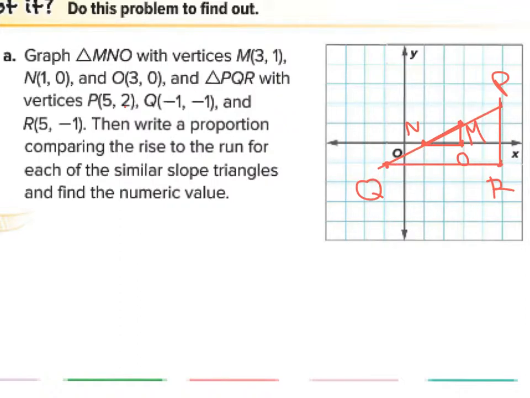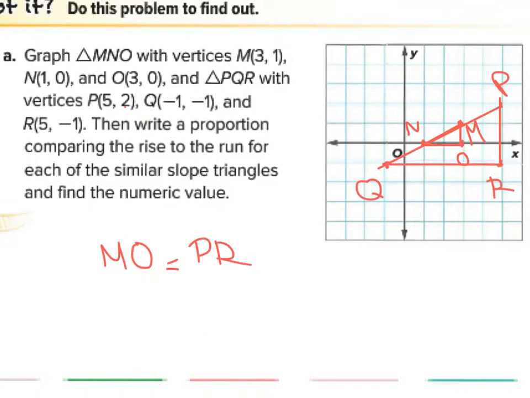Okay? So what could we say here? We can say that line MO, right here, the little line in there. Line MO is equal to line PR, right there, as you can see.